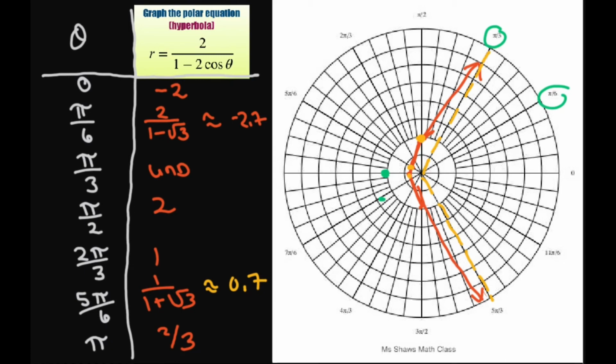So we have these points, and what I did is I did the symmetry over the x-axis. This one's really hard to graph. It's opening up to the right, so it's also going to open up to the left. So I'm going to plot points that are symmetric in this manner.